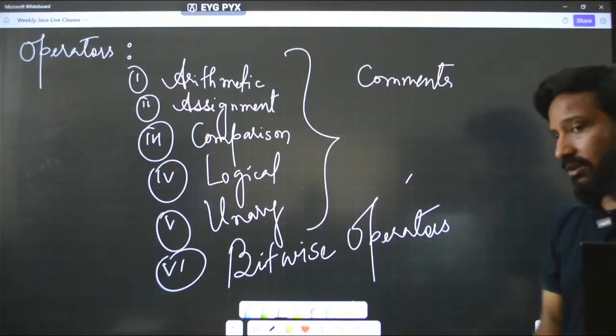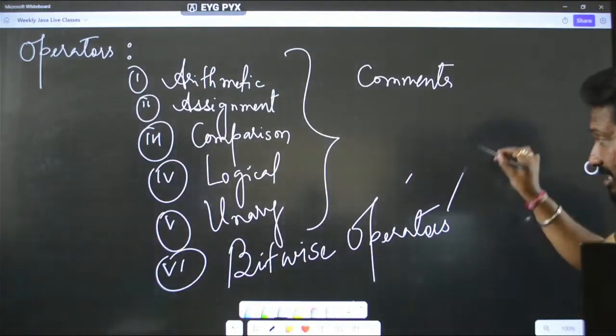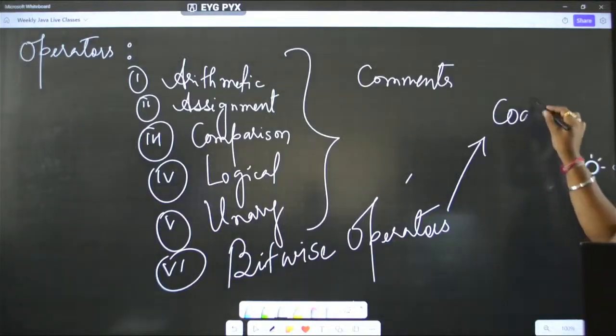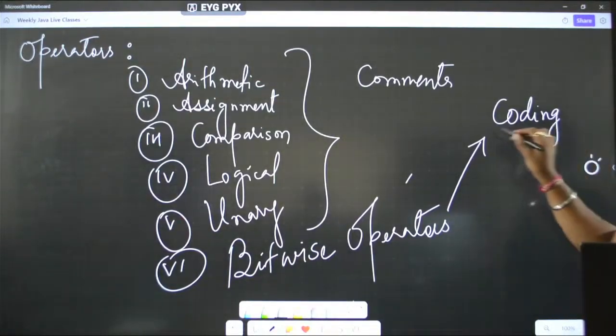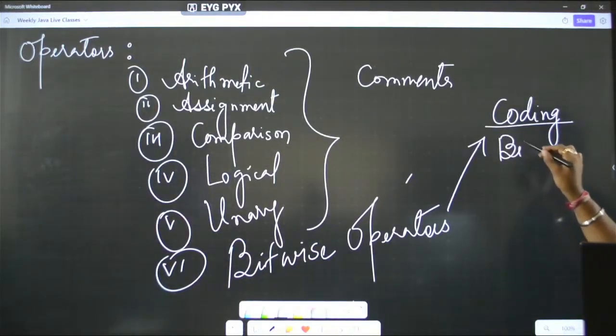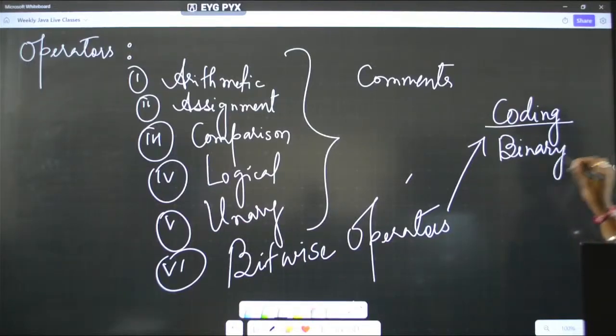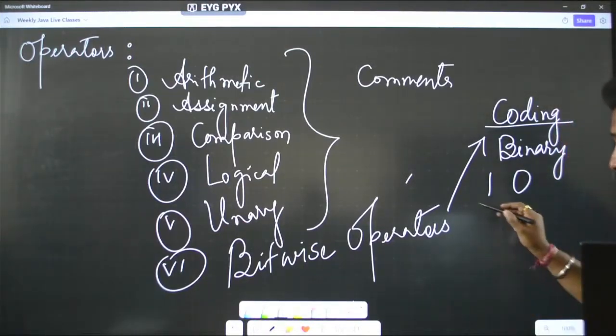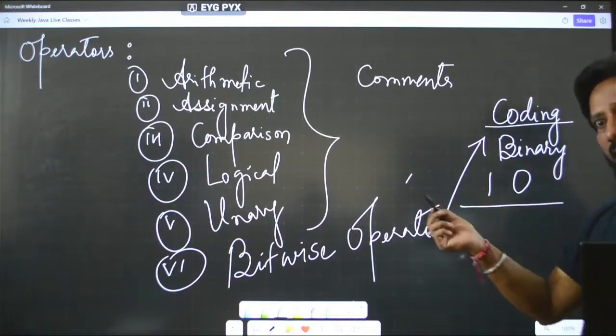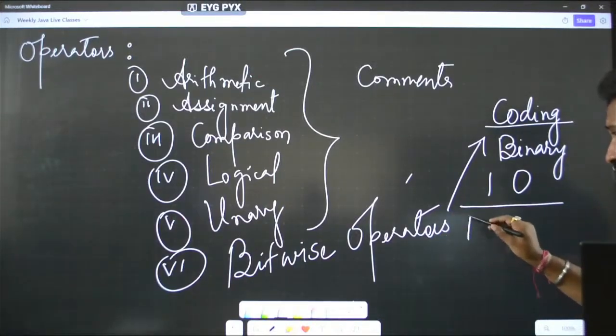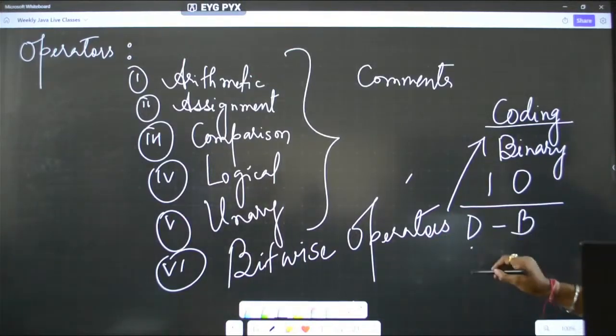Before that, if anyone is very new to coding, you will need a proper idea about what binary is, because there we only have two numbers, 1 and 0. I have already given a dedicated session on how to convert decimal to binary and binary to decimal.